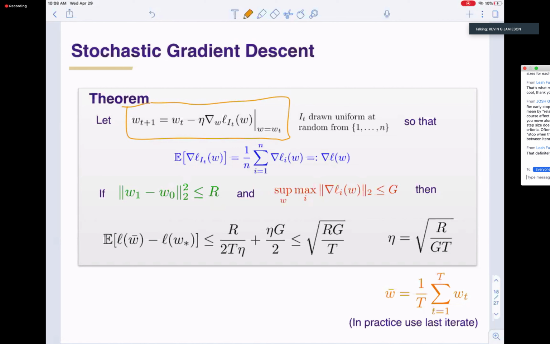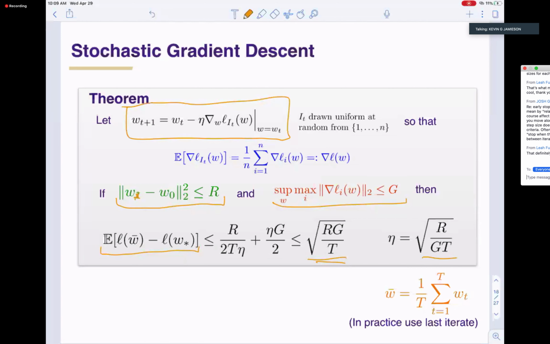But in fact, you can show that for these convex loss functions, if your starting location is distance r from your end location, and if your gradients are bounded, meaning the largest value your gradient can take is bounded, then with the right step size choice, you can prove that the expected loss, the deviation away from the truth, goes down like 1 over root T after big T iterations.